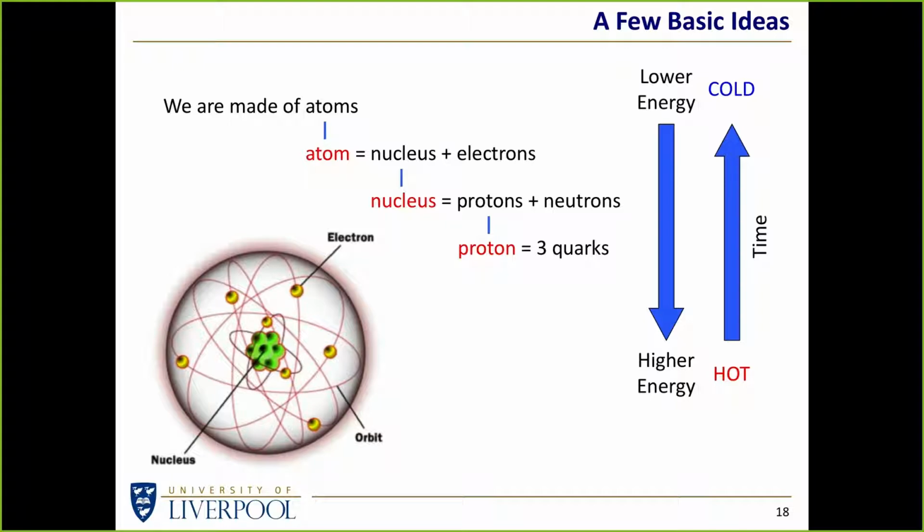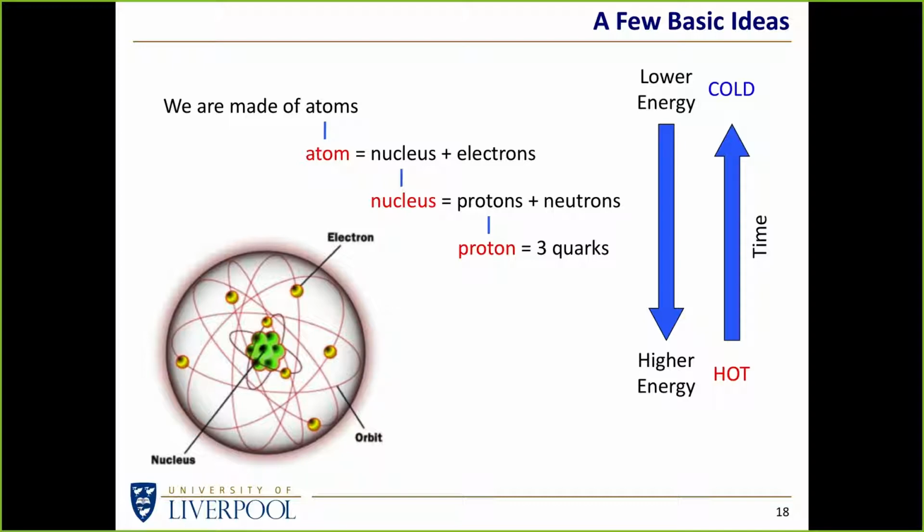So in other words, if you start with fundamental particles, things that don't have any components, like electrons and quarks, then if the universe is too hot, you can't put quarks together to make a proton. If it's too hot, that proton will just shake itself apart and end up back in its constituent quarks again. You have to wait until the universe has cooled down a little bit before quarks can make a proton.